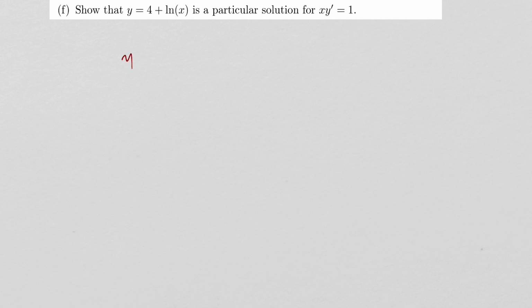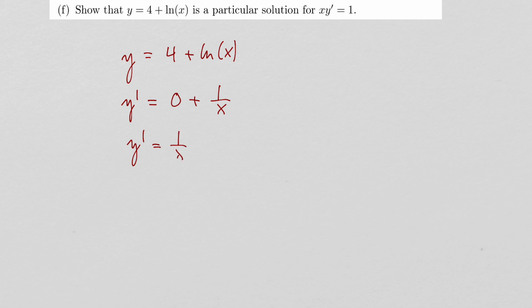In F, our function is 4 times ln of x. The derivative of 4 is 0. The derivative of ln x is 1 over x. So the derivative of y is this.